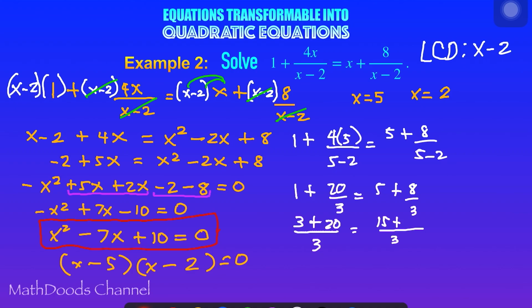Plus 3 divided by 3, 1 times 8, 8. So, add natin, this is 23 over 3, sa kabila, 23 over 3. So, balance, no? Yung x is equal to 5 is a solution.